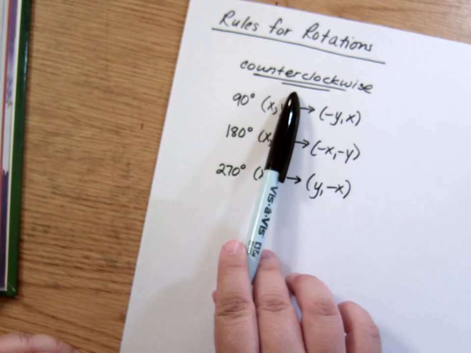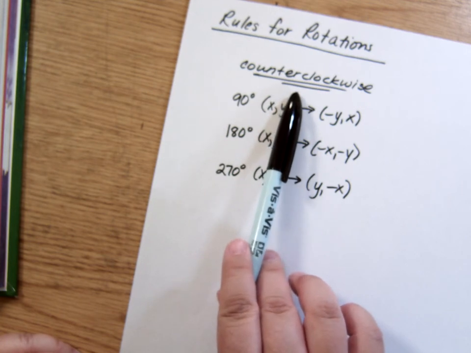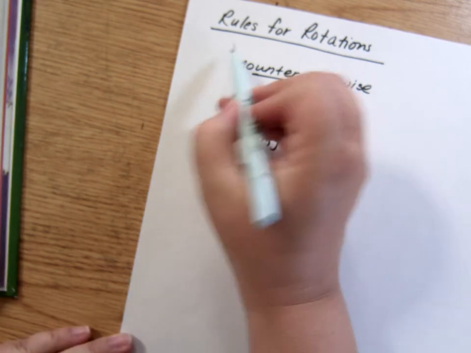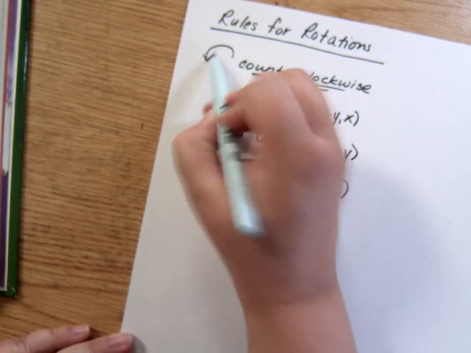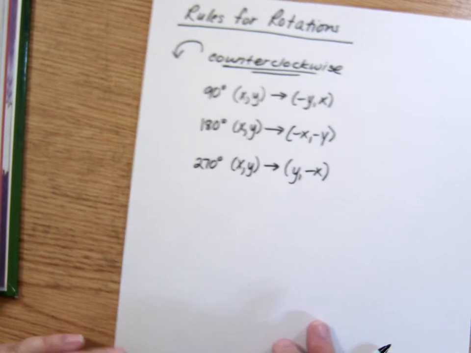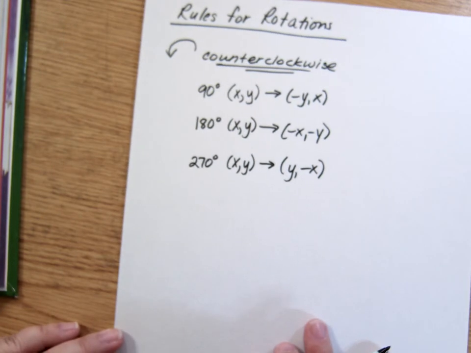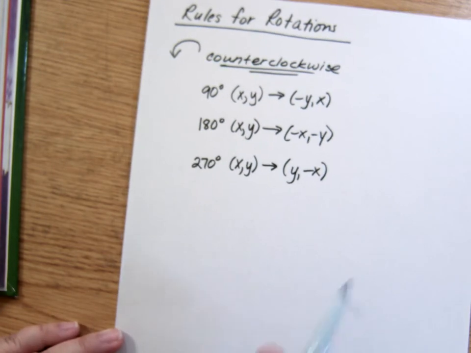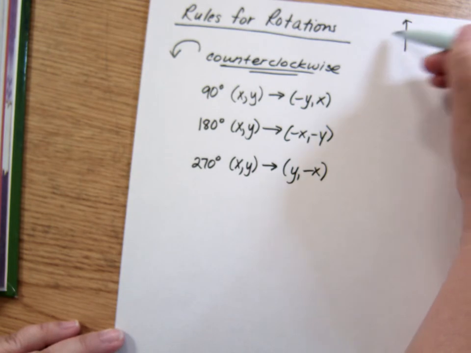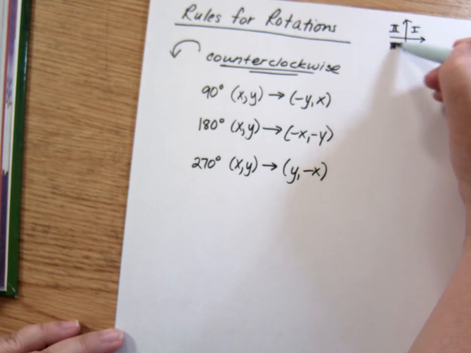Counterclockwise, remember, is going against the clock. It's basically the same direction that we name our quadrants in when we're talking about the coordinate plane. You have the first quadrant, then you go around this way: second quadrant, third quadrant, fourth quadrant.